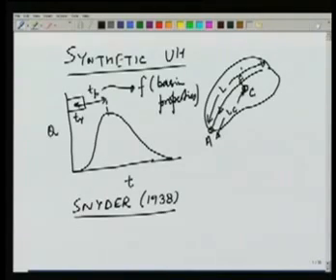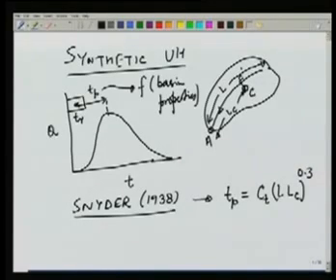And what Snyder found, that the time to peak from the center of the rainfall was related to L LC to the power 0.3.